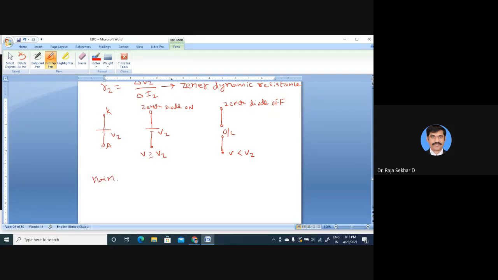Main application is in voltage regulators. A voltage regulator gives a constant output voltage independent of the applied input voltage.